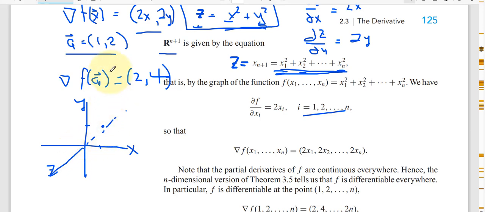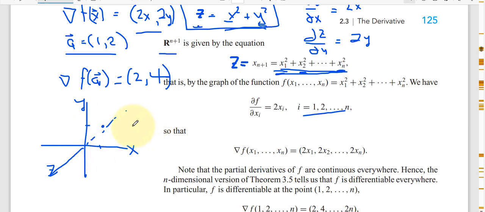What is the height? The function is x squared plus y squared, so that's 1 squared plus 2 squared, which is 1 plus 4, which is 5. So above this point, it's kind of hard to draw, but the height is 5.